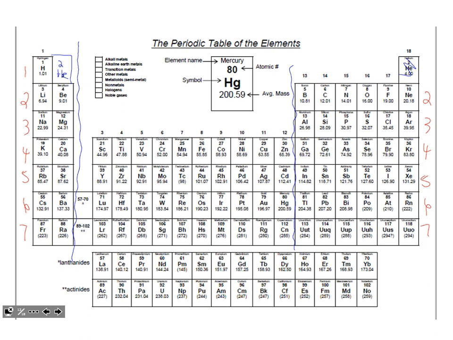So if we look at our periodic table, this section would be our S-filling sublevels. This section to the far right would be our P-filling sublevels.